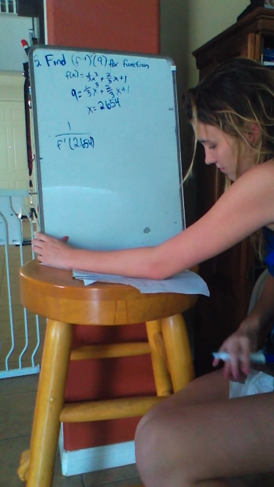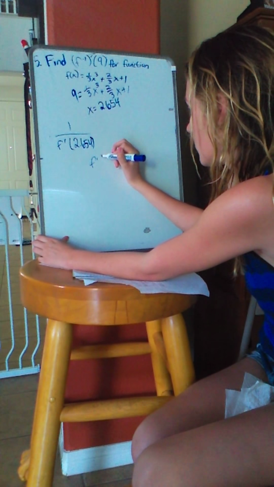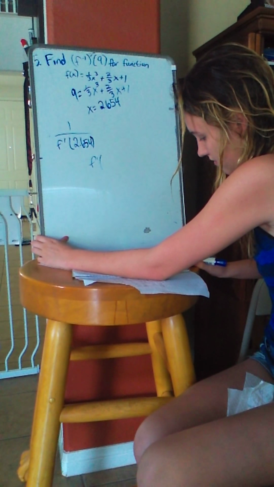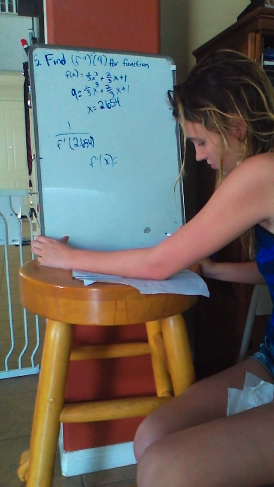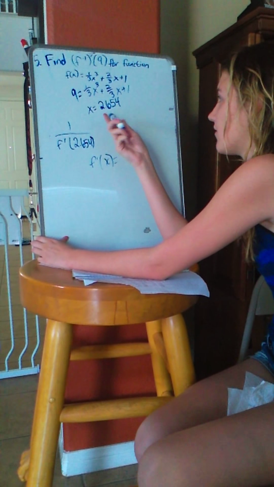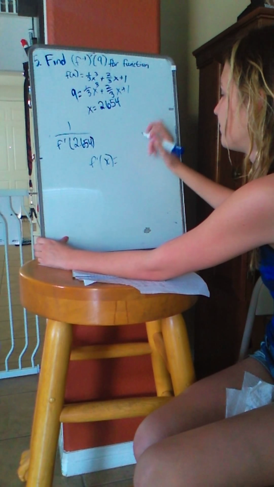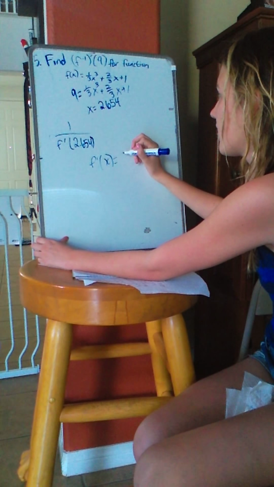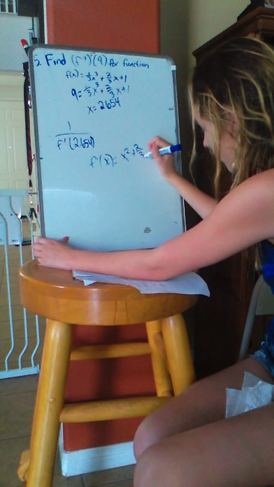And so you're going to find the derivative of f, the derivative of 1/3 x cubed plus 2/3 x plus 1, which if you do that, it will just be x squared plus 2/3.